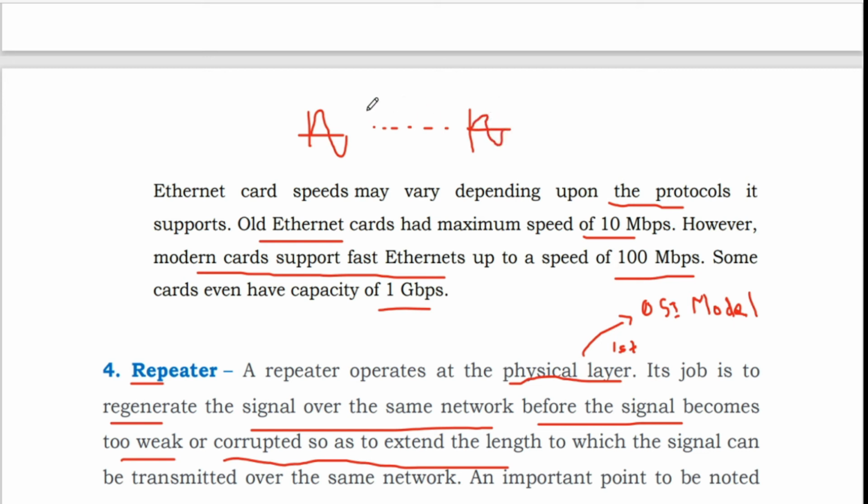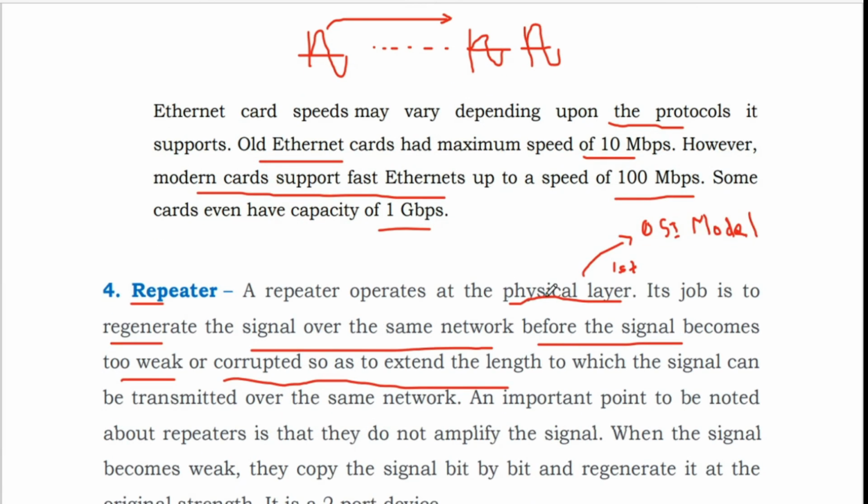You can see the difference between the original signal and the signal coming. So what does the repeater do? It regenerates the signal. It will once again boost up the signal and bring it to its original strength, so that we can receive the information in a proper manner.